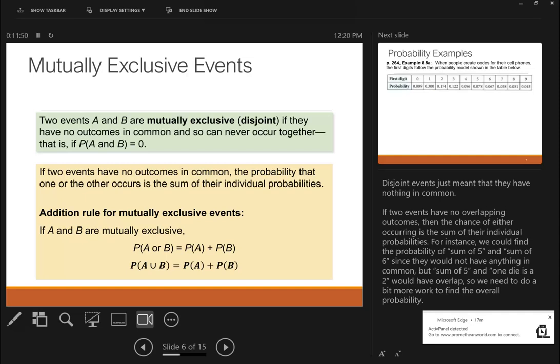It's very nice and neat. So the probability of rolling a 3 or a 4, if you're just rolling one die, is the probability of rolling a 3, 1 in 6, plus the probability of rolling a 4, 1 in 6. You add them together, that's 2 in 6, or 1/3.